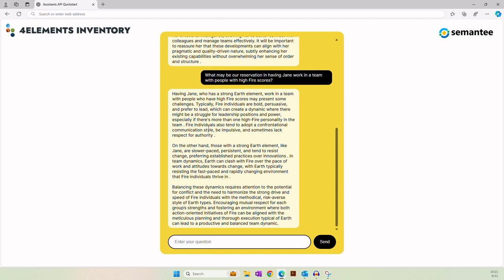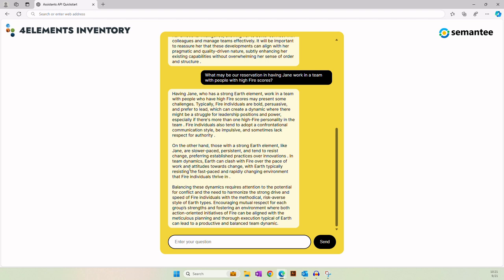They tend to adopt a very confrontational style, which is not particularly suitable for earth people. Jane has this strong earth element and she prefers a slower paced, more persistent environment. She tends to resist change and prefers established practices over innovations.